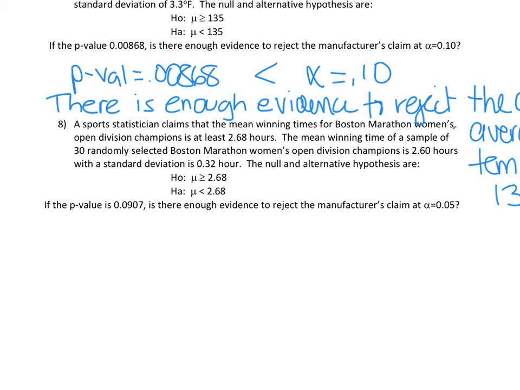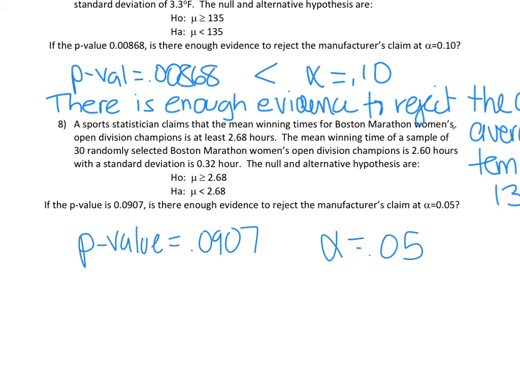If the p-value, which is what we're comparing for deciding to make the conclusion, is there enough evidence to reject the manufacturer's claim at alpha equals 0.05? So alpha is 0.05. So 0.0907 is definitely greater than 0.05.